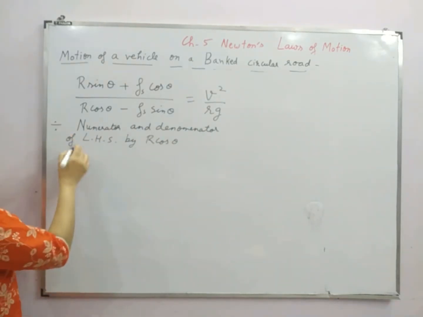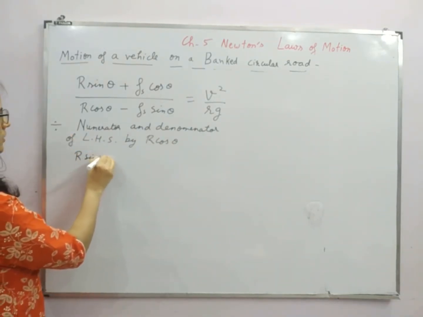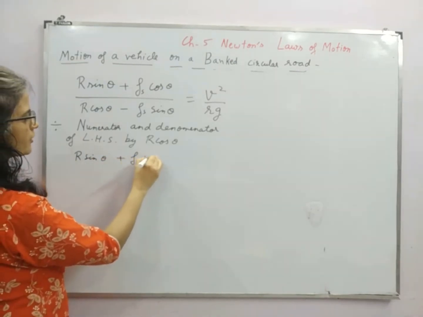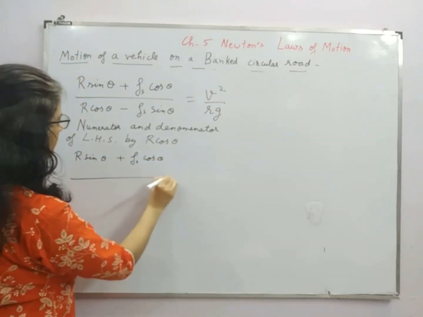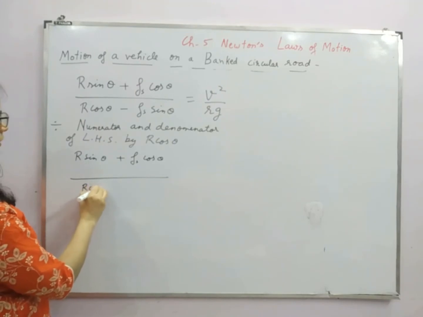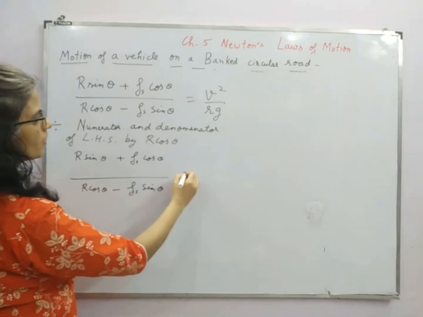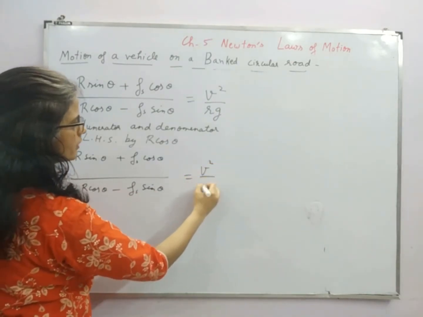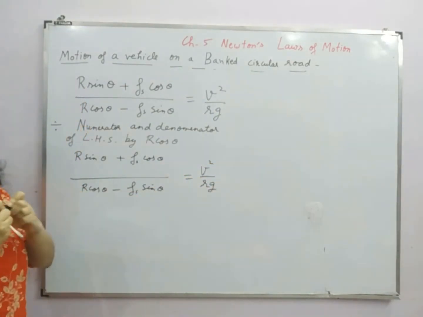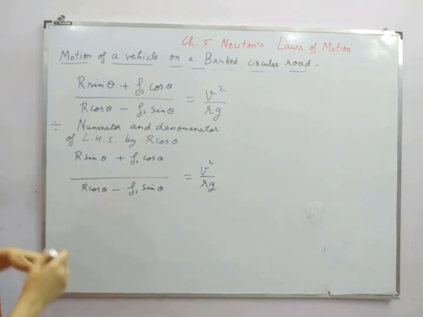First we'll write the same. So R sine theta plus Fs cos theta upon R cos theta minus Fs sine theta is equal to v square upon rg, and we are dividing by R cos theta.